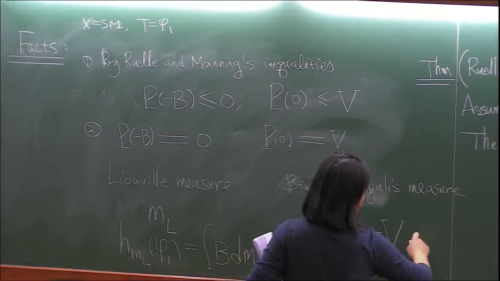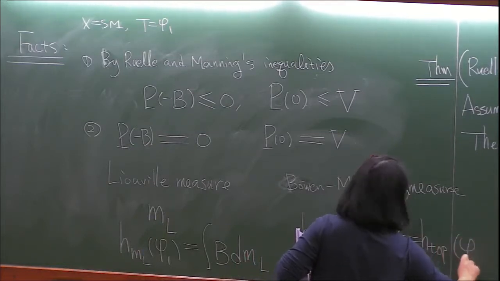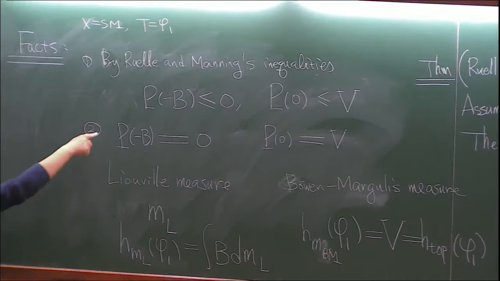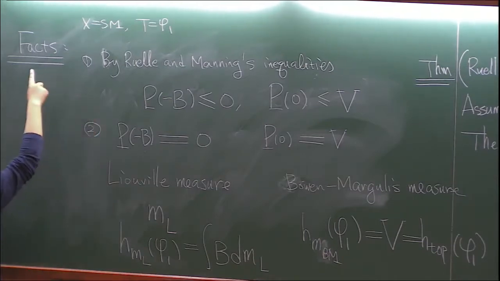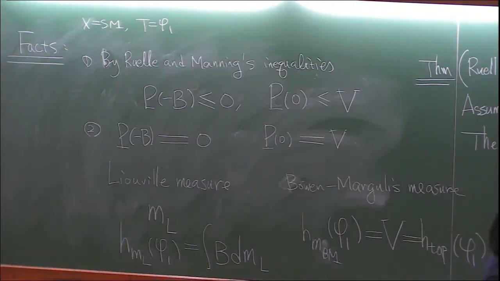But in the negative curvature case, this is just the topological entropy of this system. So this is the Bowen-Margulis measure. So actually, they are not facts. We will have to explain this. This is the second one.